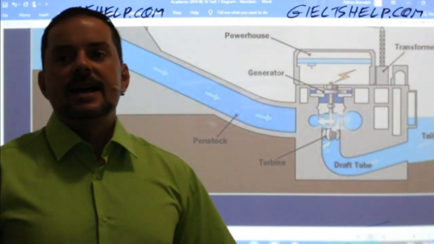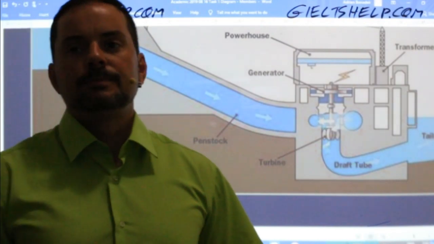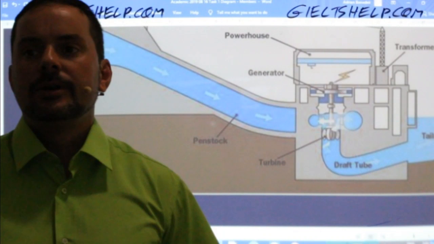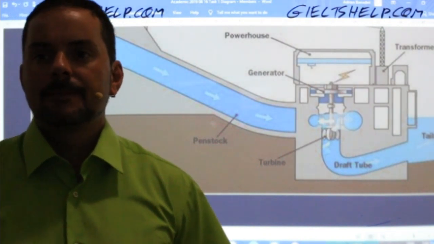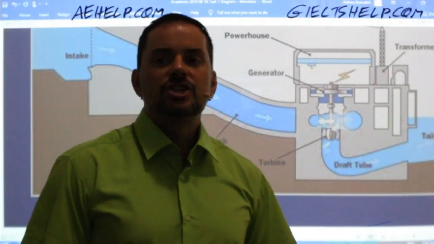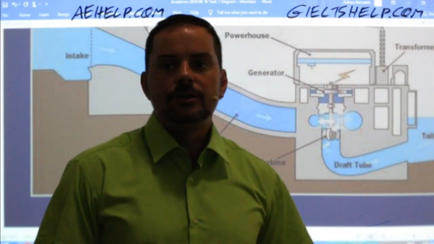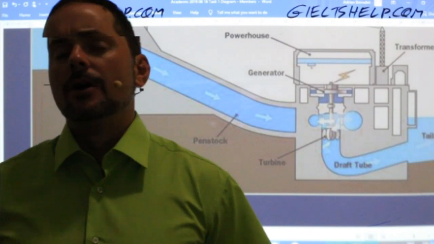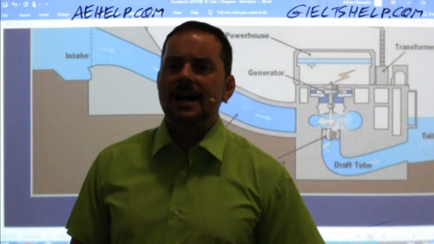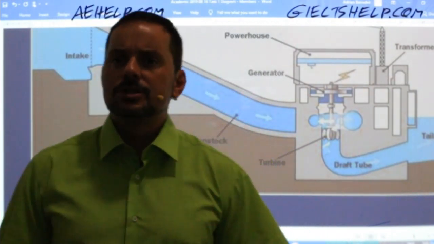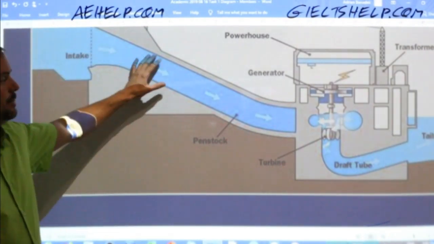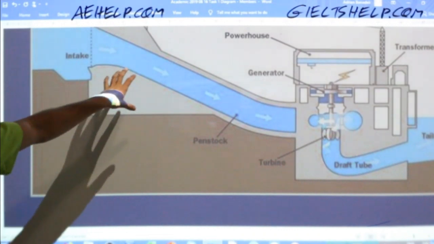Roshni says, notably, the large structure of the dam is built to store water behind it, which is then evacuated through the intake opening down towards the penstock. Roshni, don't forget to use your adjective clauses. Members, using adjective clauses when you are describing a diagram like this is very important, okay?